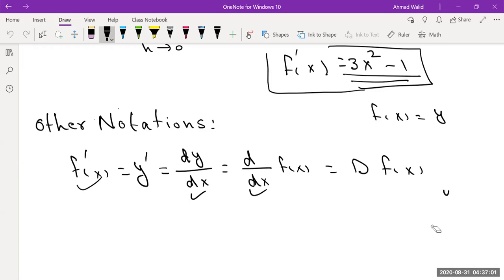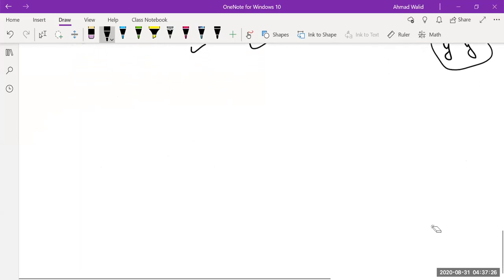I think he was using dots instead of prime, or y with two dots like this. At that time he was using dots on the top, but later they changed it to prime, correct? But Leibniz was using this notation, correct? You know who Leibniz is, who Sir Isaac Newton is. I did a short introduction of them for you in my previous lecture or the lecture before.